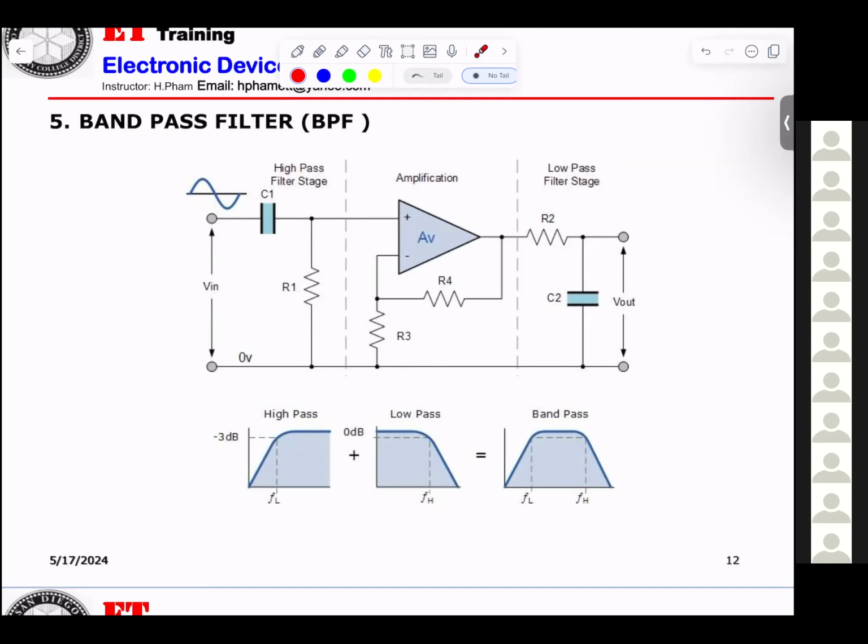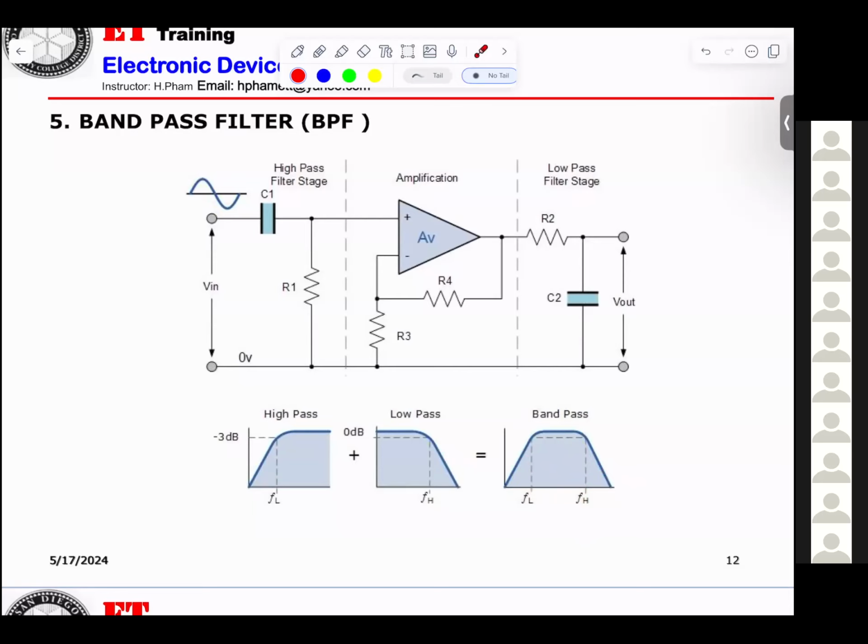High pass, you get one cut off. Low pass, you get another cut off frequency. So that's why in the band pass, you get 2 cut off. That means any signal with a frequency higher than F low and less than F high passes, otherwise it will be rejected.